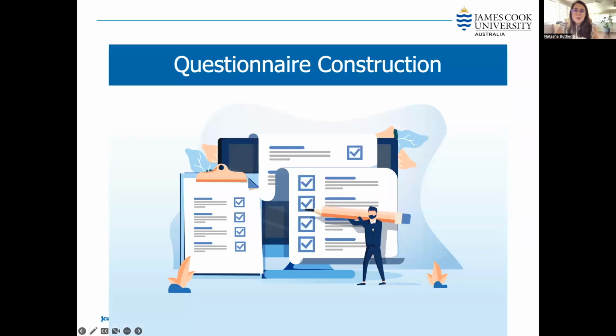But then when it comes to constructing our questionnaire, we need to ensure that our questions are very clear, that they're easy to understand, and they are directed towards our specific objective. One of the most common mistakes in constructing questionnaires is that researchers ask questions that they're interested in, but they don't actually yield information that's useful in deciding whether to accept or reject a hypothesis.